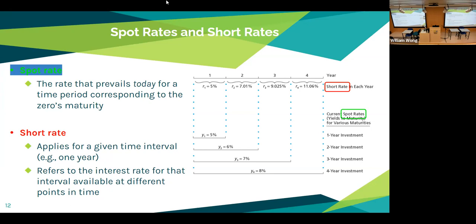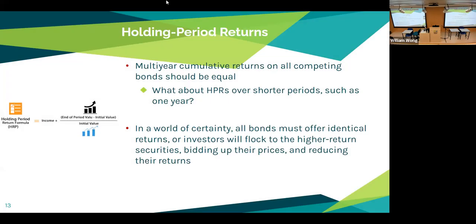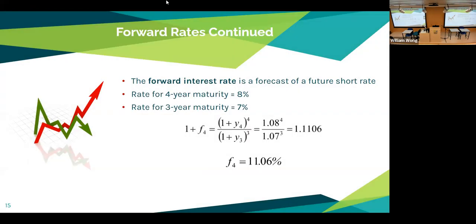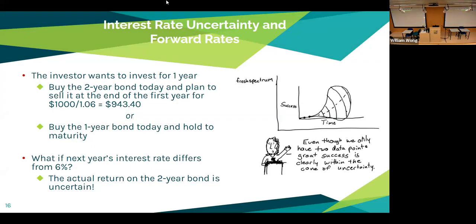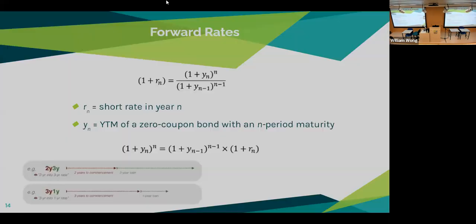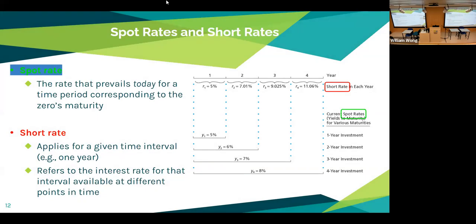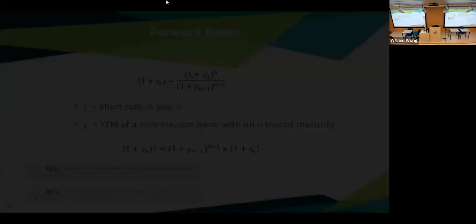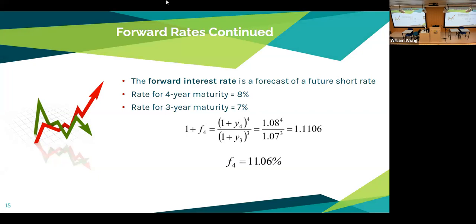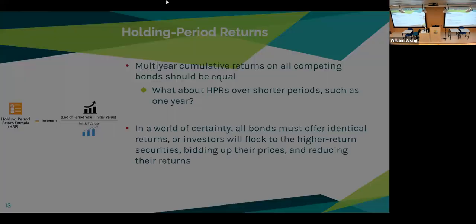Once you're able to get these short rates, then you will be able to understand this particular equation. So this 11.06, it's right here. So 11.06 right here, 4 year is exactly 1.2.